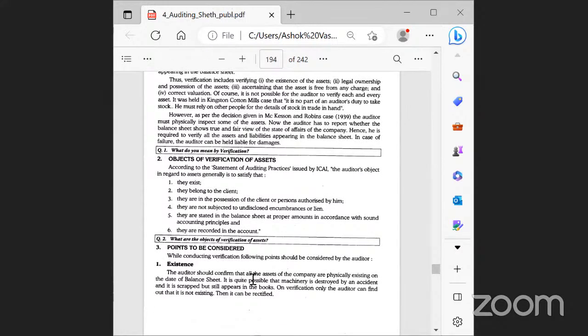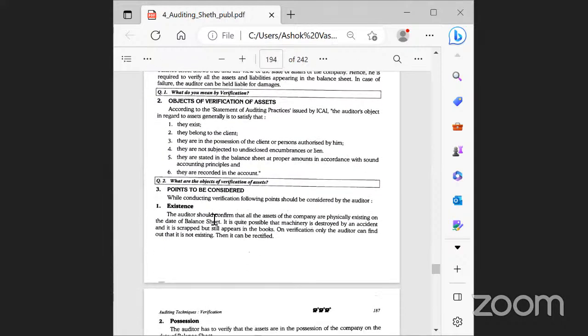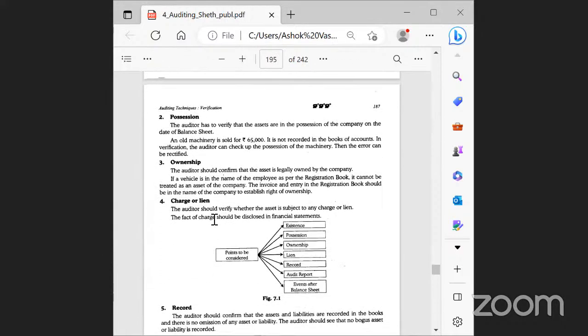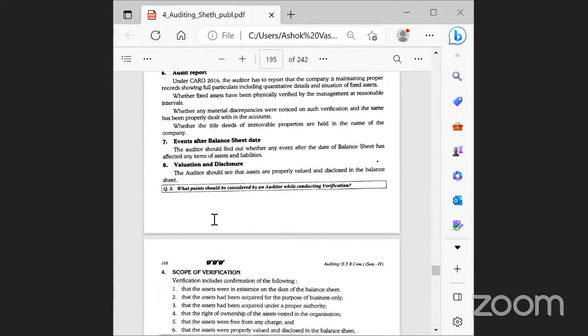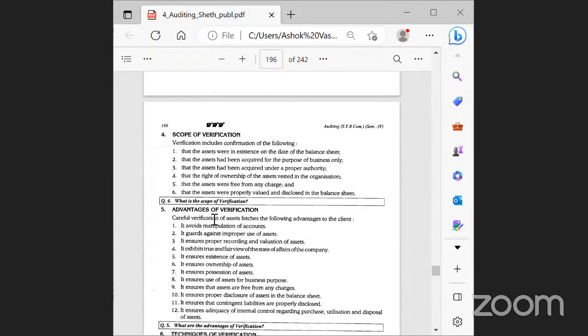So when you verify any asset, you make sure that they exist, they belong to the client, they are in possession of the client, and they are not subjected to any lien, okay, or charge. And they are stated at proper value. They are recorded in the accounts. Okay. So these points are very important in verification.